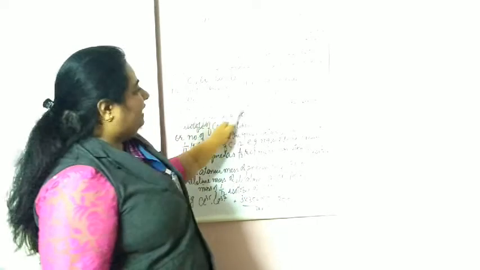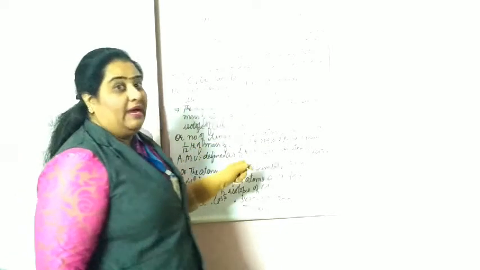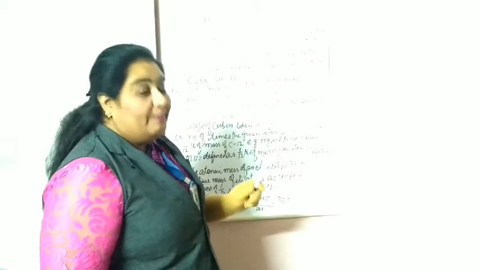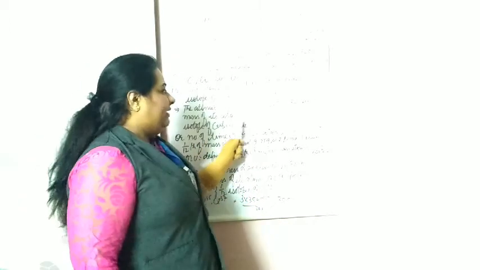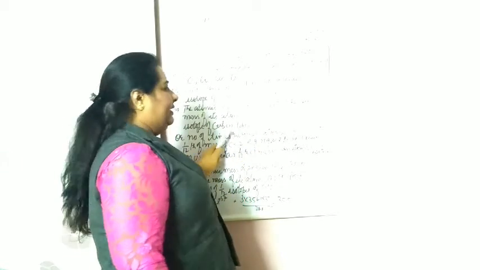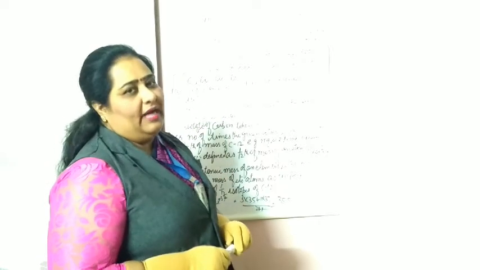So the atomic mass of an element is the relative mass, not the exact mass, of its atom as compared with the carbon 12 isotope of carbon taken as 12 units.